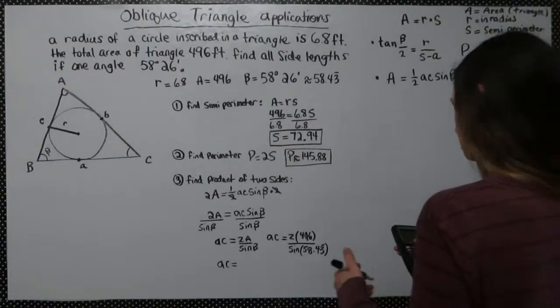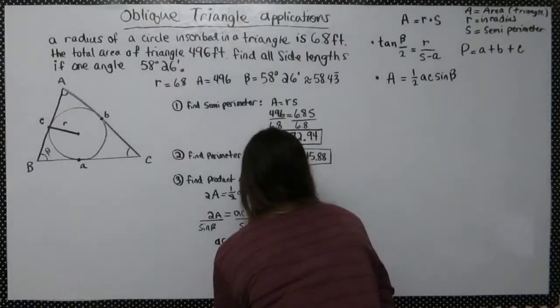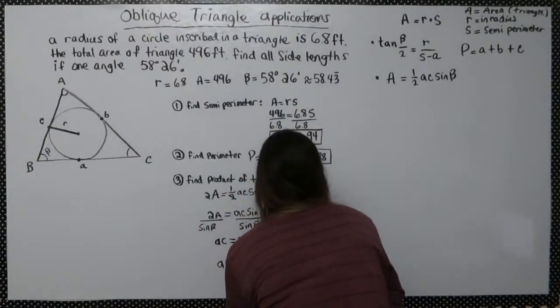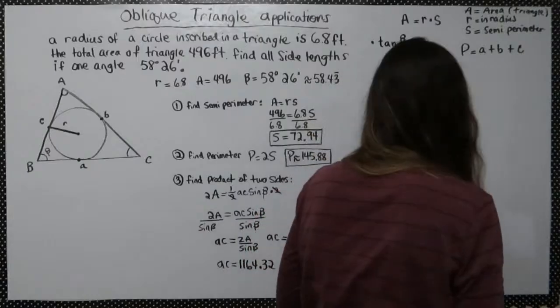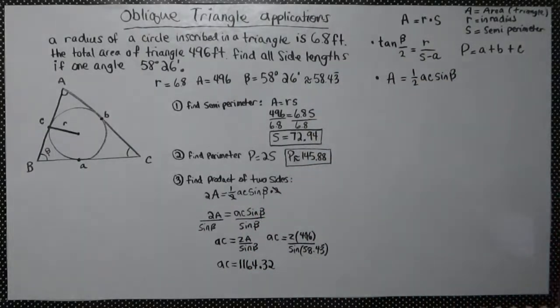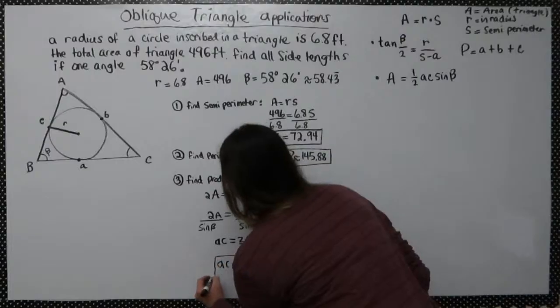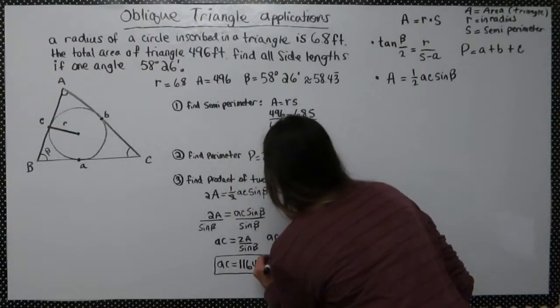And I'm getting 1,164.32. We need that value for later, so we're going to box it.